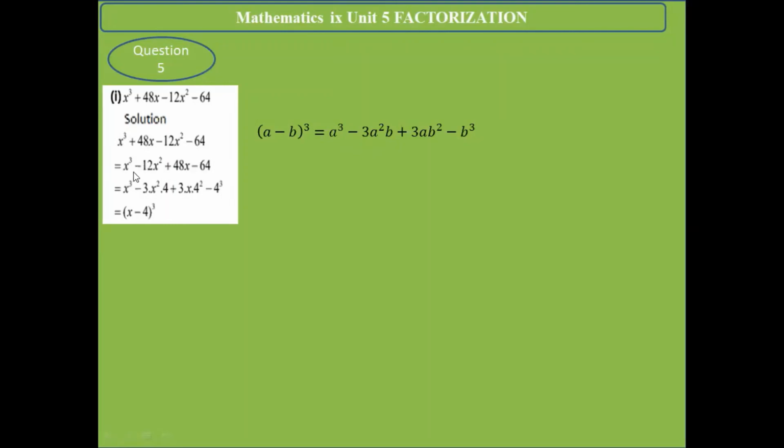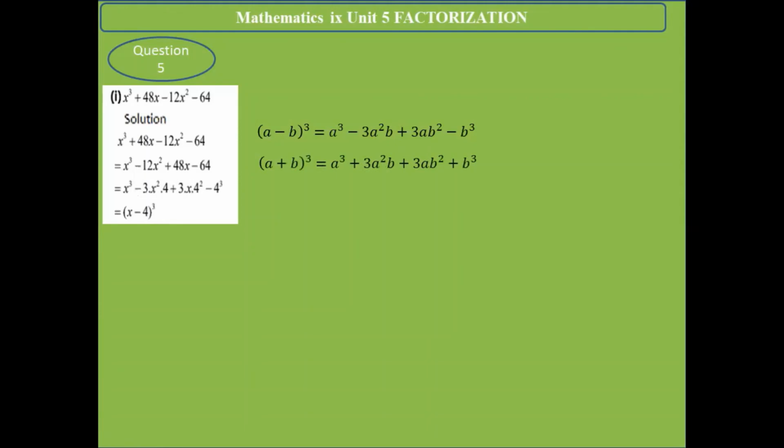So this is a cube, this is minus 3a square b, a is x so x square, and b is 4, plus 3ab square, b is 4 square, minus 4 cube. So we can write this in closed form, a minus b whole cube, where a is x and b is 4, so x minus 4 whole cube. So this type of question we can solve using this formula.